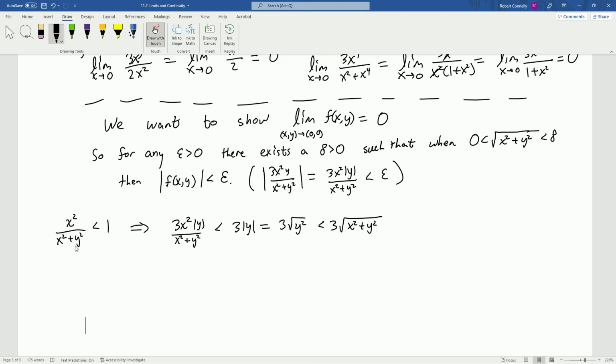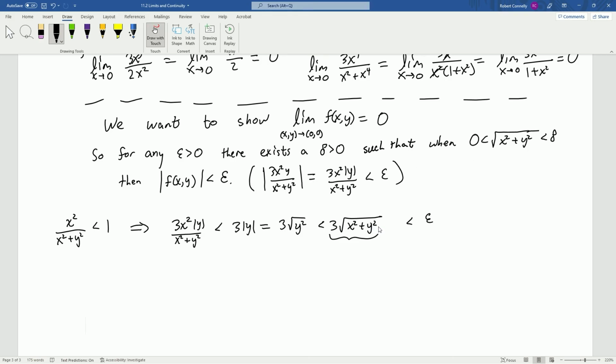I want this whole thing to be less than epsilon. So if this expression was less than epsilon, then I'd be in good shape. So now I need to figure out the relationship. What does delta have to be to make this less than epsilon? Well, delta's got to be bigger than this square root.